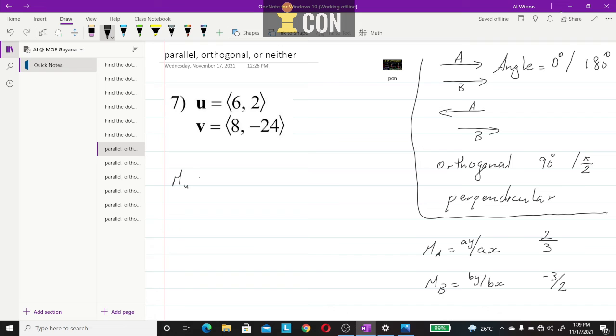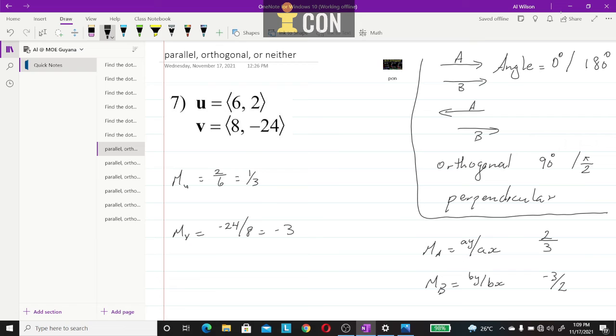The magnitude of u is equal to y over x, so 2 over 6, which is equal to a third. And now we have the magnitude of v, which is minus 24 over 8, so this is minus 3. Looking at what we have here, we have 1/3 and minus 3.